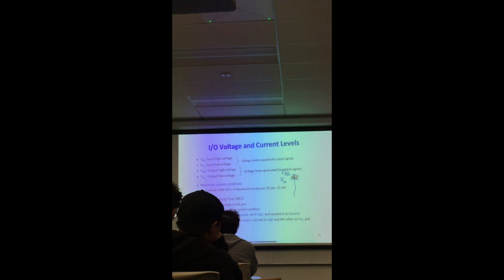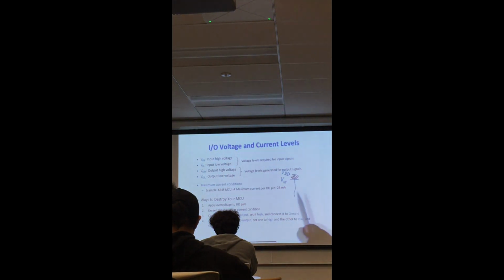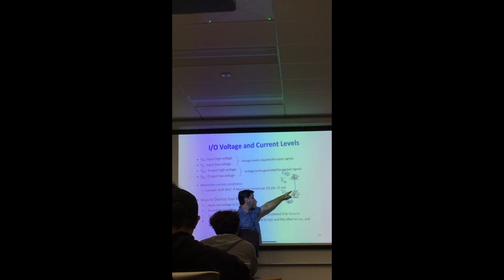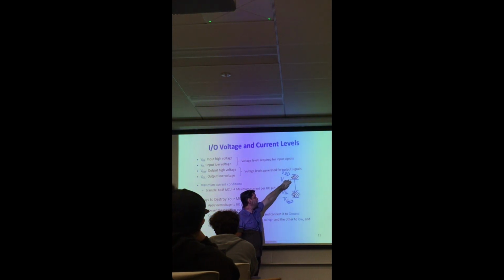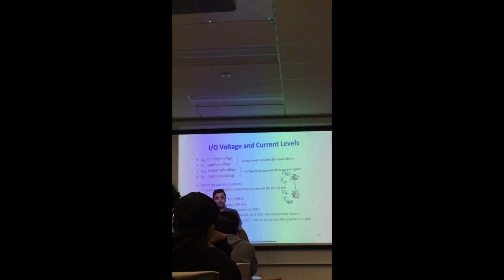That's what VIH is. VIL is the upper bound of voltage that the microcontroller will still interpret as 0. Any voltage in this range will be interpreted by the microcontroller as 0. Anything in between will be misread, which means undefined.